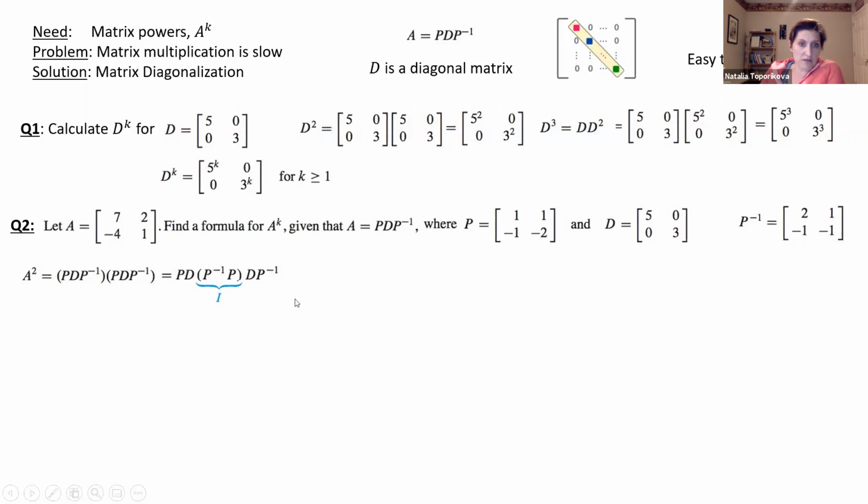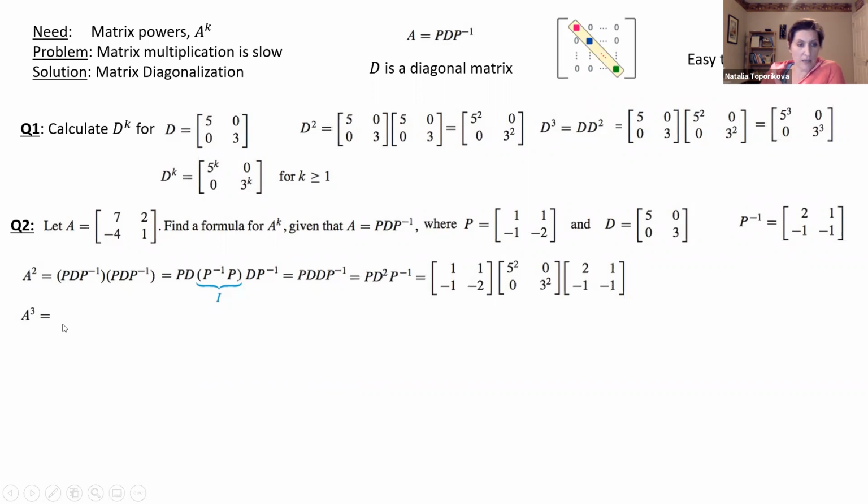So we can just get rid of this term. And what we end up with is the product of D times D sandwiched between the matrix P and its inverse. Or it's D, the second power of matrix D, which, because our matrix D is diagonal, we just raise our diagonals to the second power, multiplied by P and P inverse. And again, I'm not going to calculate this matrix, I'll leave it as it is.